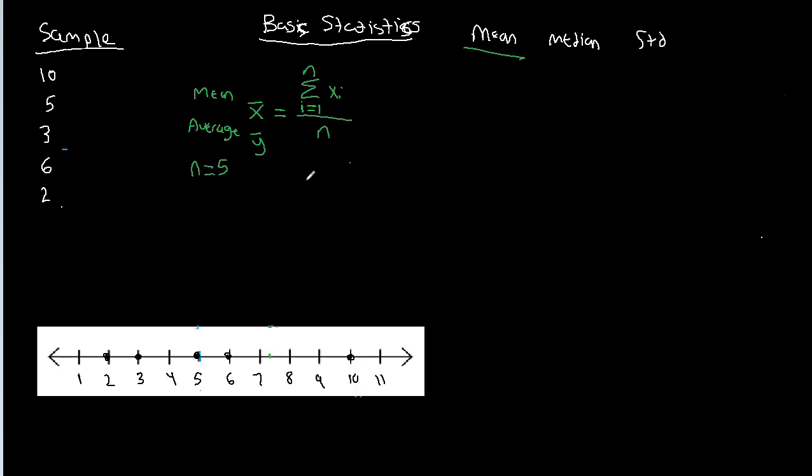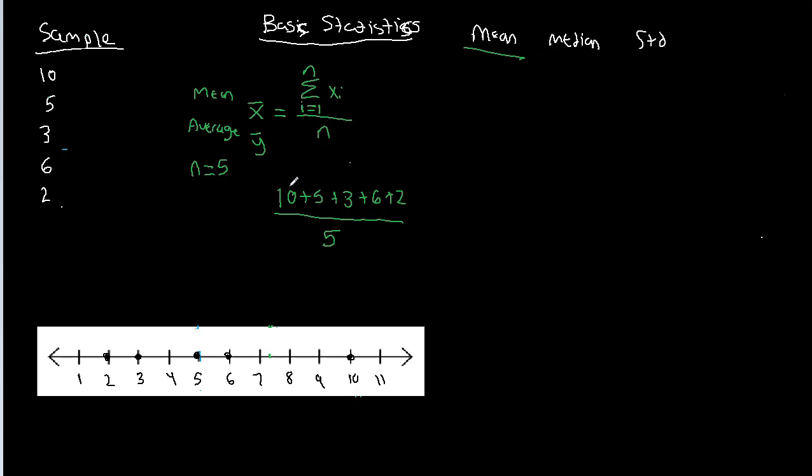The summation of x sub i means add all the data together, so 10 plus 5 plus 3 plus 6 plus 2, over n. This n we know is 5 because that's just the number of things in the data set. So these numbers up here came from our sample. This number here came from counting the numbers.